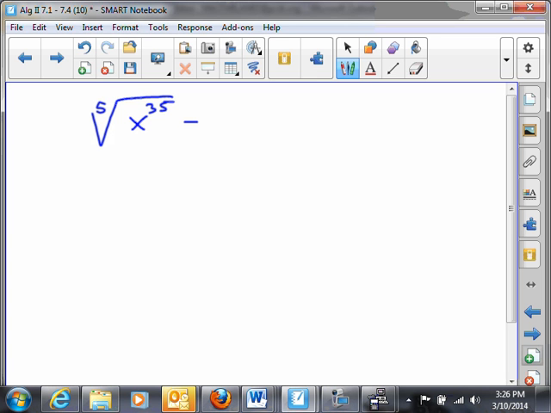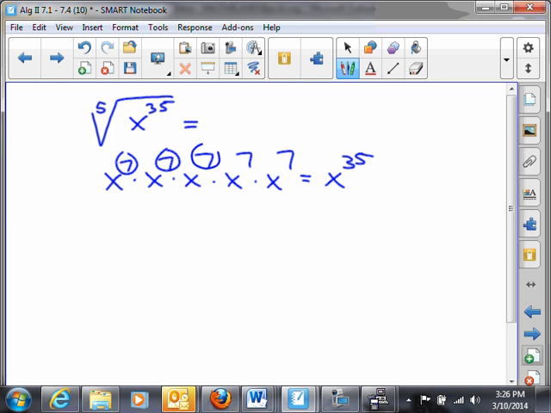Well, if we multiply x to the 7th times x to the 7th times x to the 7th times x to the 7th times x to the 7th, we would get x to the 35th, because 7 plus 7 is 14, plus 7 is 21, plus 7 is 28, plus 7 is 35. And when you're multiplying and the base is the same, you add the exponents.